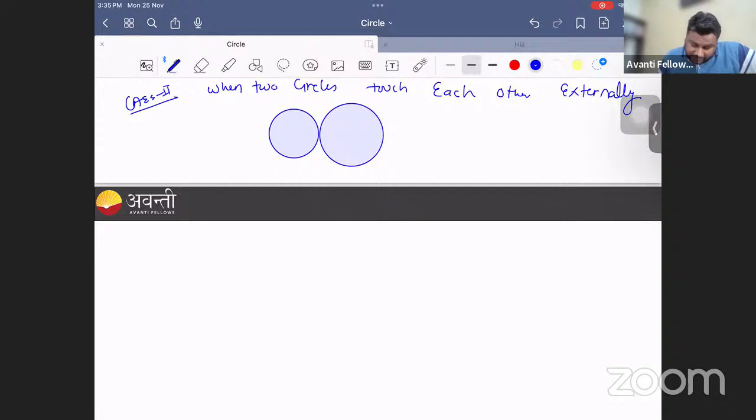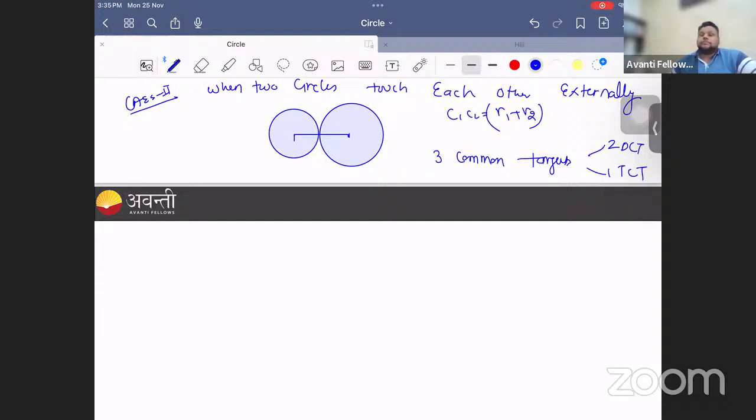So definitely the distance between their centers is the sum of the radii. In this case, there will be three common tangents: two DCT and one TCT. Got it?